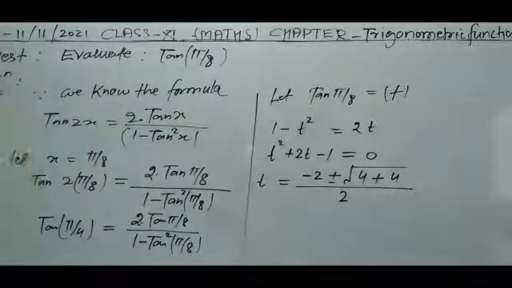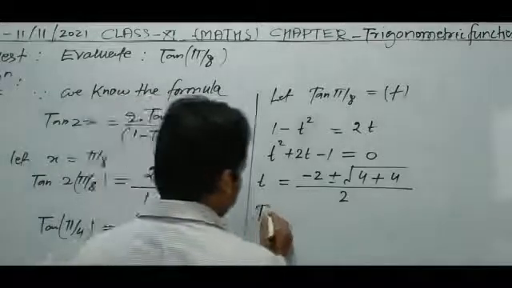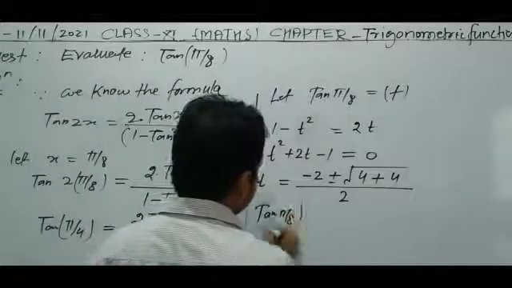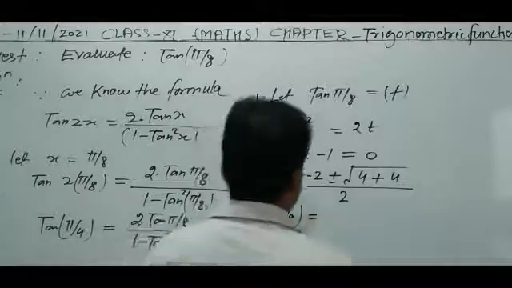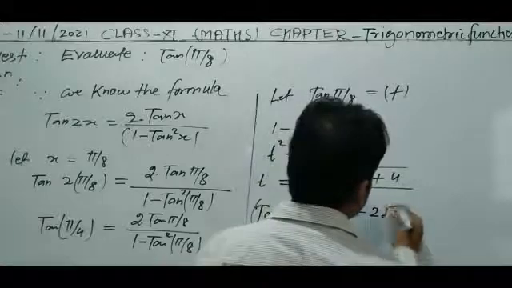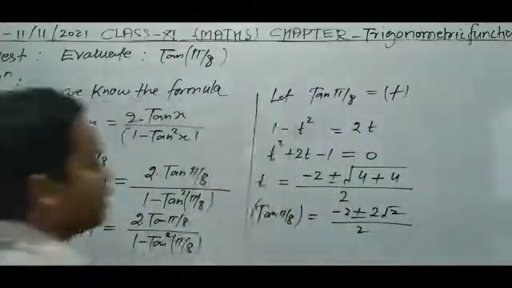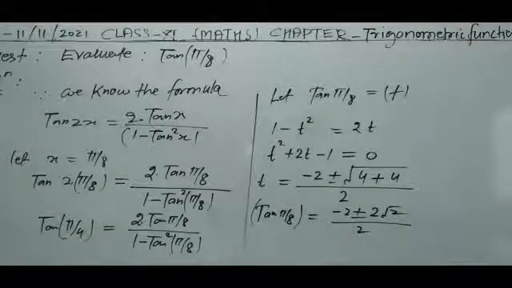Now the t result is tan of pi by 8. So tan pi by 8 is equal to minus 2 plus minus 2 times root 2 whole upon 2. After cancelling 2 from numerator and denominator, the result will be root 2 minus 1.